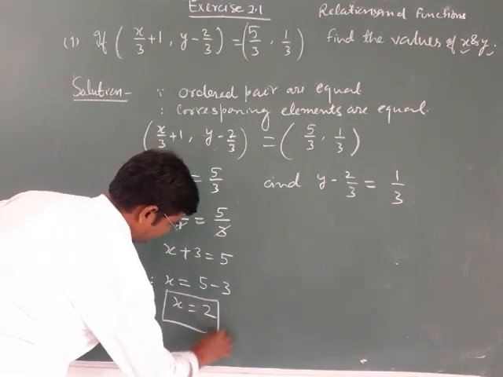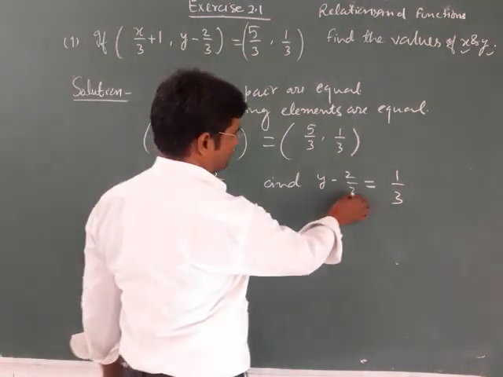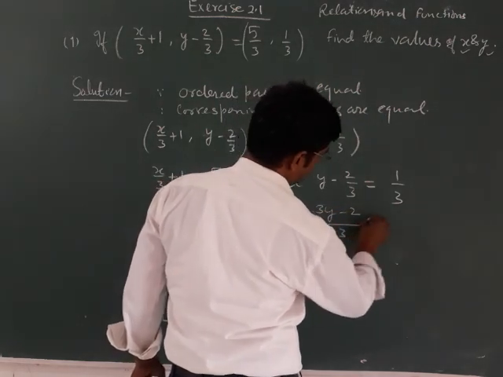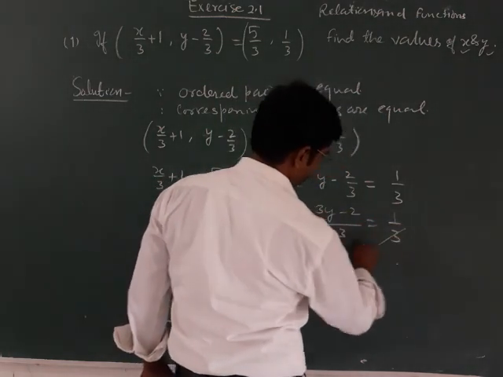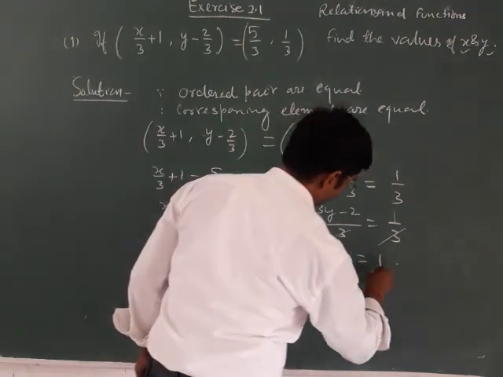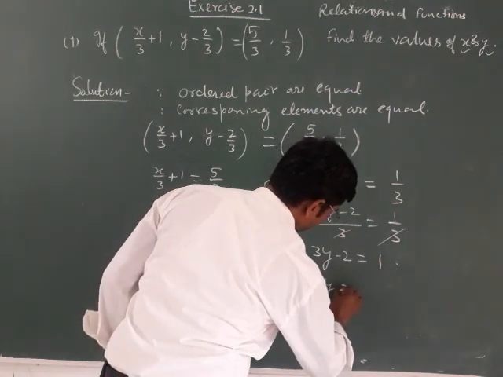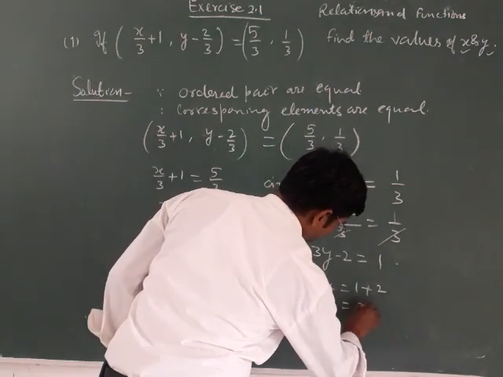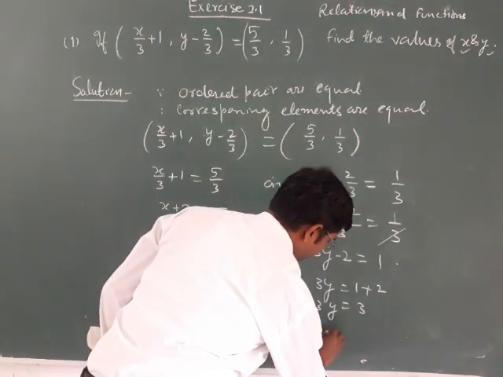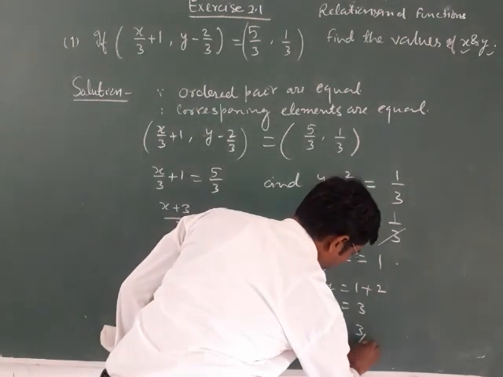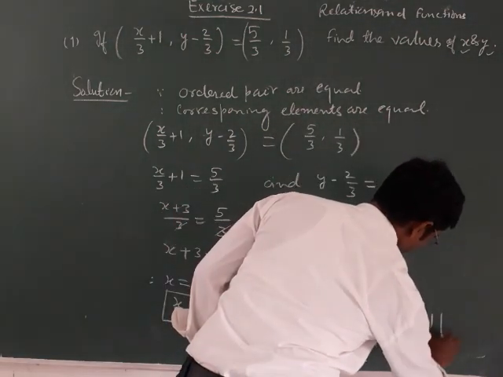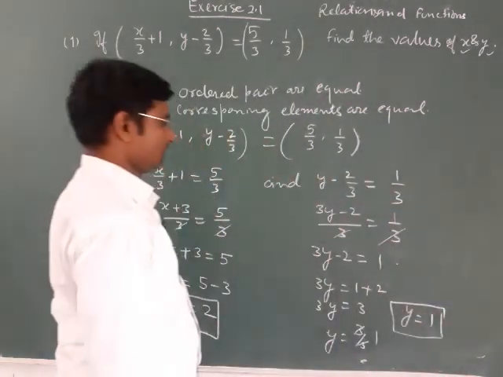Also taking LCM, (3y - 2)/3 is equal to 1/3. 3 cancels out, so 3y - 2 is equal to 1, 3y is equal to 1 + 2 is equal to 3. Y is equal to 3/3, equal to 1. So y is equal to 1. This is the answer.